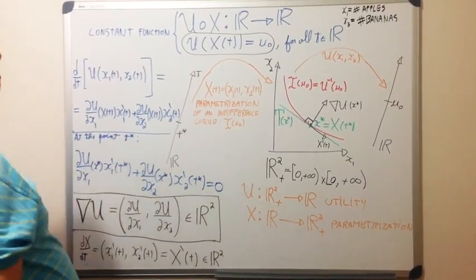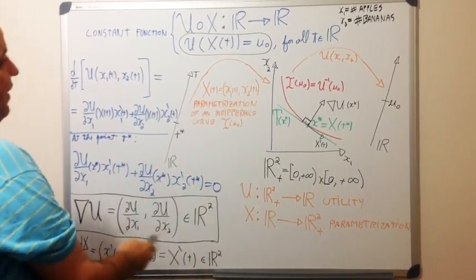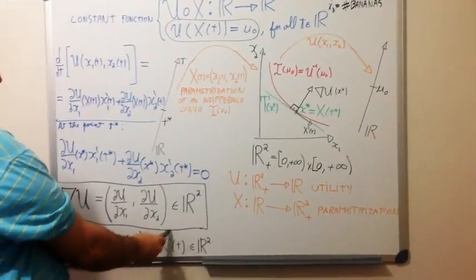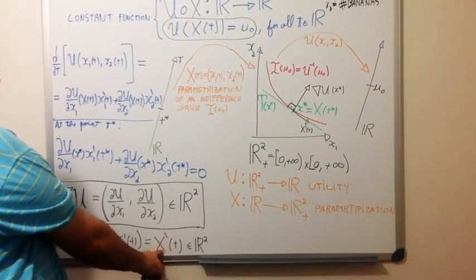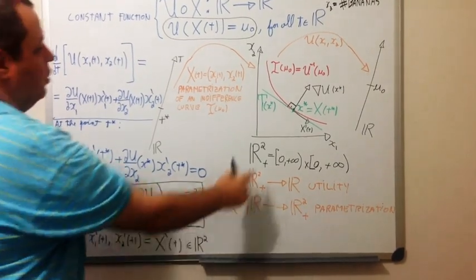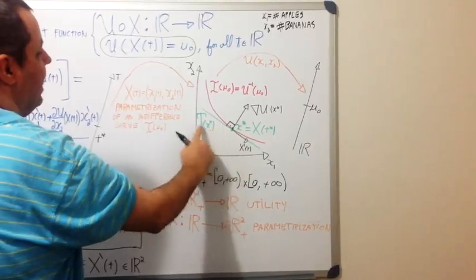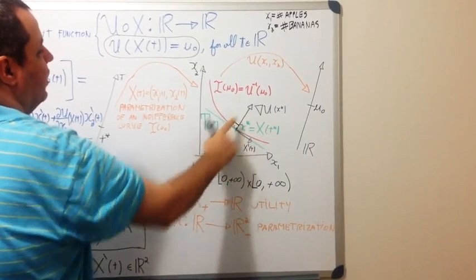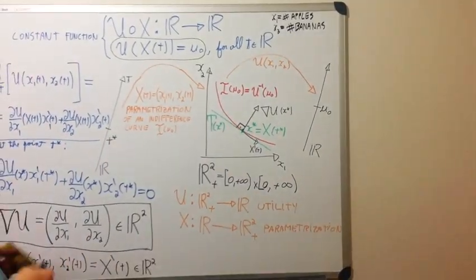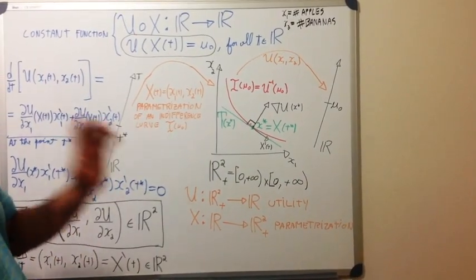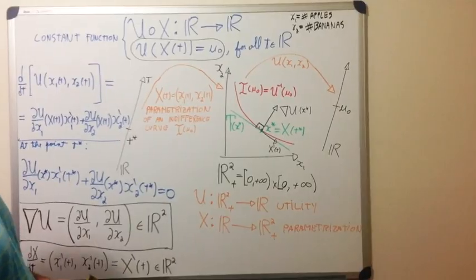Okay? So this is essentially saying that the gradient vector is going to be orthogonal to this speed vector, the X prime. And because the X prime is along the tangent hyperplane, this gradient is going to be orthogonal to the tangent hyperplane. Okay? So the gradient is pointing in the direction of maximal increase of the utility function.